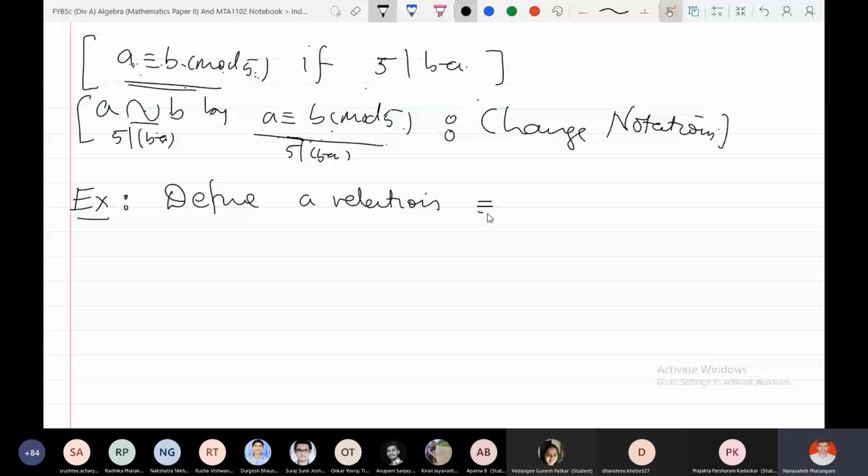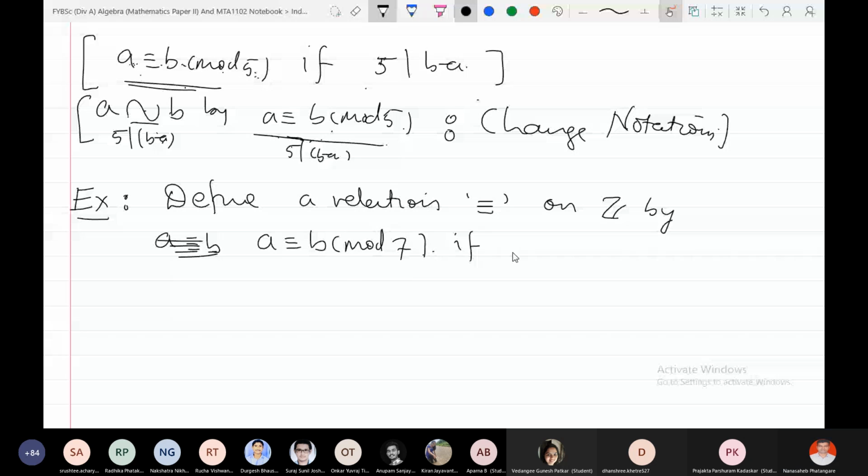Define a relation congruence on Z by A congruent to B modulo 7. Means what? 7 divides B minus A. Is it clear now?